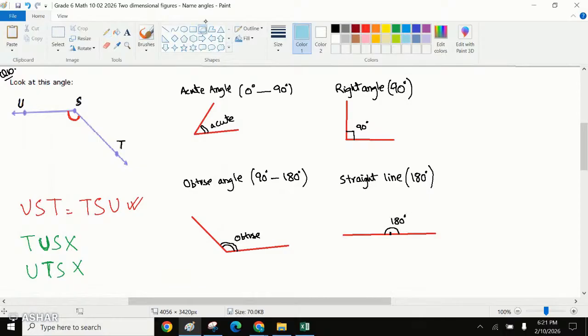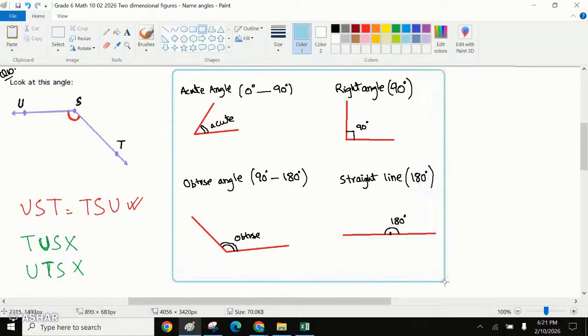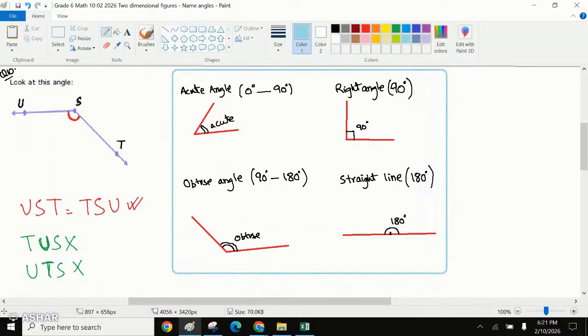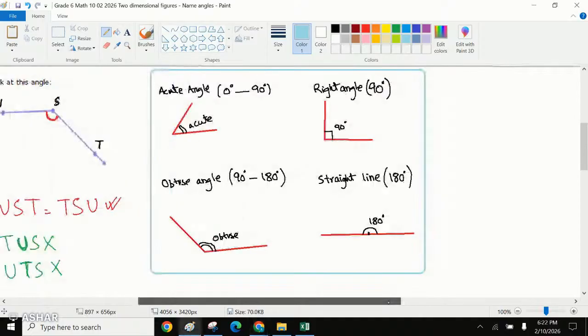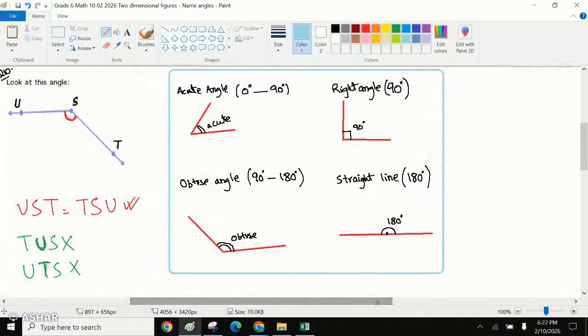Okay, so if we can recall these four scenarios, let's look at how we can use these four angles, how they can give these four angles to us in a question.